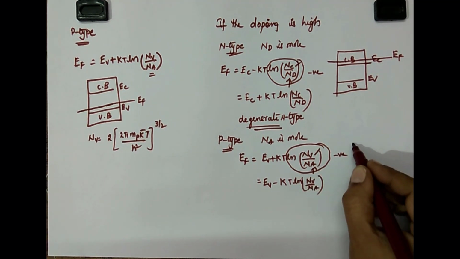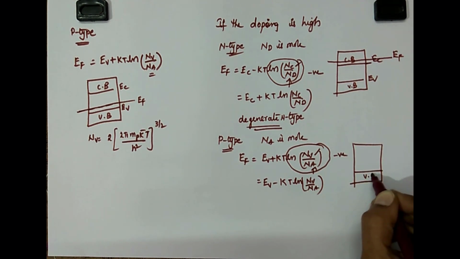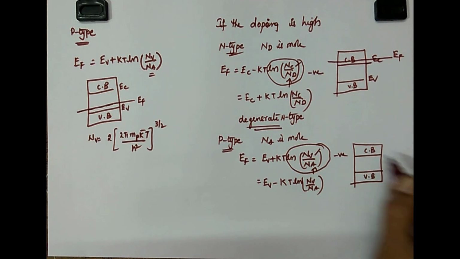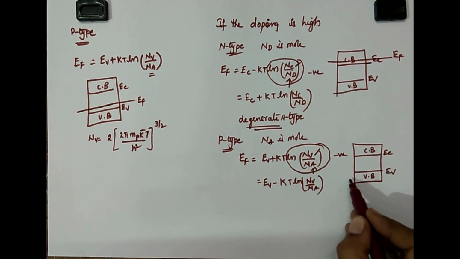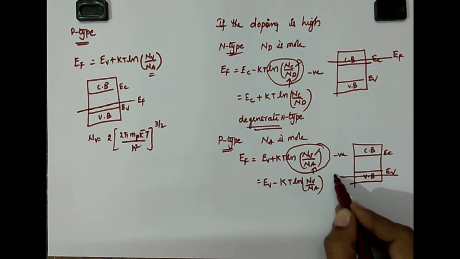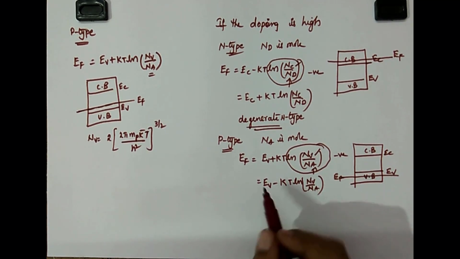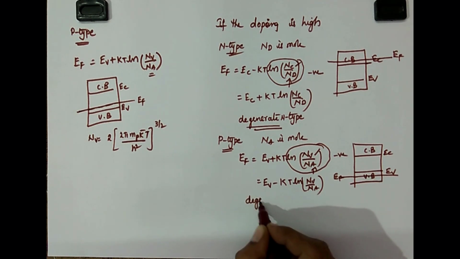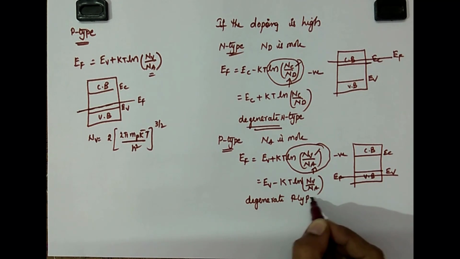Then what about the band diagram? This is the valence band and this is the conduction band. This is Ev, this is Ec. See here Ev minus, which means the Fermi level is like this. So here the Fermi level is inside your valence band. That is the reason it is called degenerate p-type.